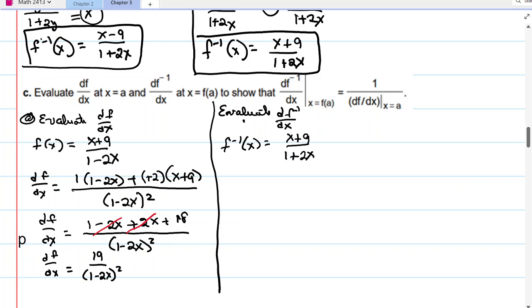Sure, I see the 9. So we're going to interchange. We're going to first put in our derivative. Again, quotient rule: 1 times the bottom, minus the derivative of the bottom, which is a positive 2, times the top.